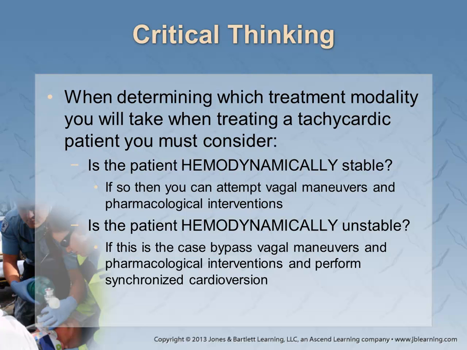All right? That's what we're looking at when we say hemodynamically stable, unstable. We're looking at that concrete evidence. All right? Vital signs, O2 saturation. We're looking at signs of poor perfusion. If it is a stable tachycardia, we can do vagal maneuvers. All right?